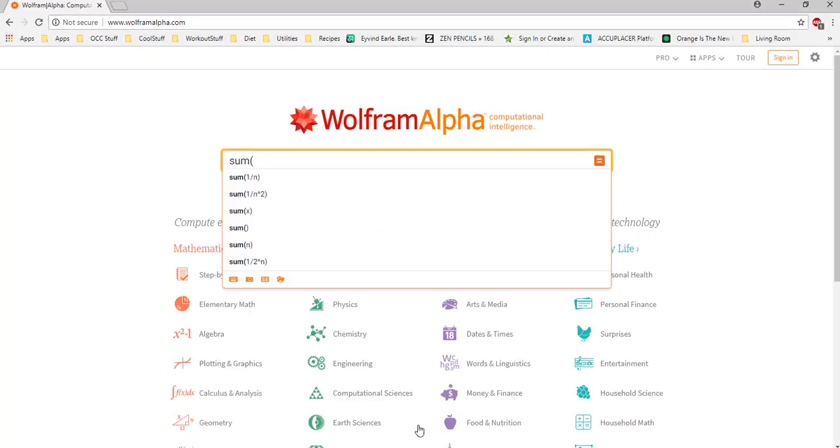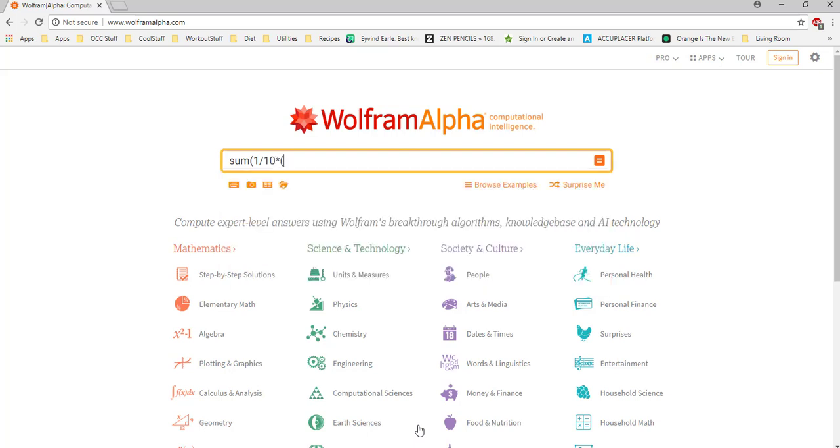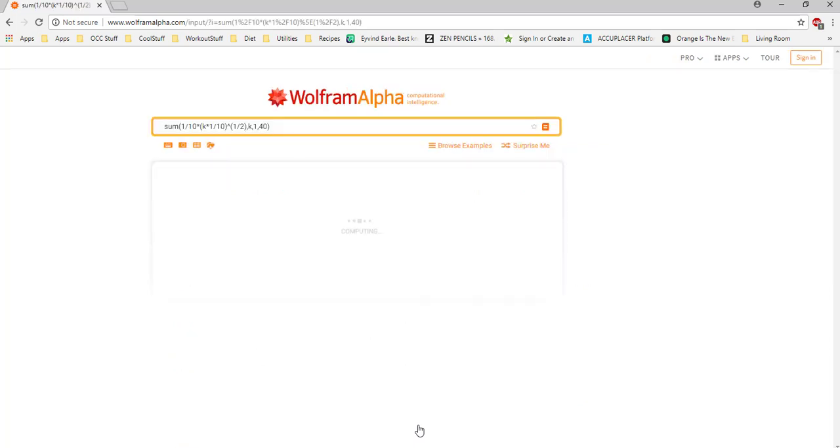So we are going to type in 1/10 times k times 1/10 to the 1/2 power. And now that we have our function in there, we want to tell it that we're looking at the variable k. We want to sum up from 1 to 40. Once you have that typed in, we're going to hit enter.